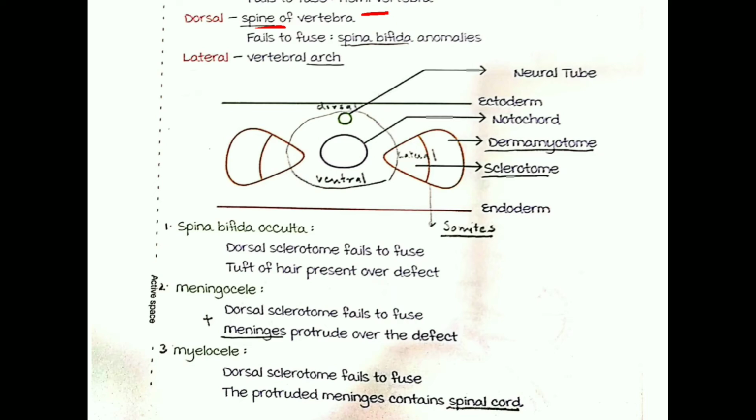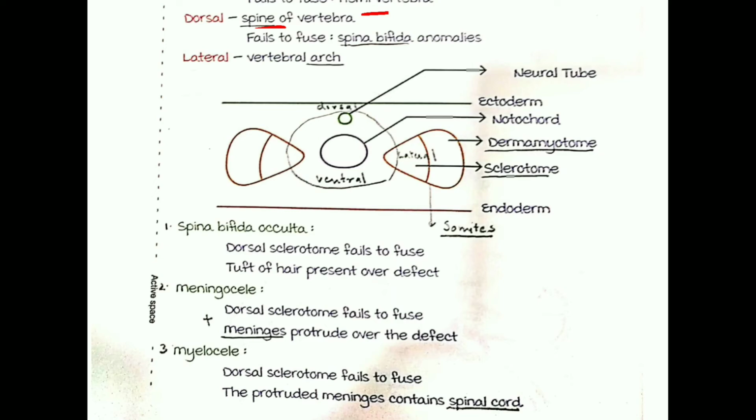In meningocele, there is dorsal sclerotome failure to fuse as well as the meninges protruding through the defect. In myelocele, along with the meninges, the spinal cord also protrudes from the defect because of the failure of fusion of the dorsal sclerotome.